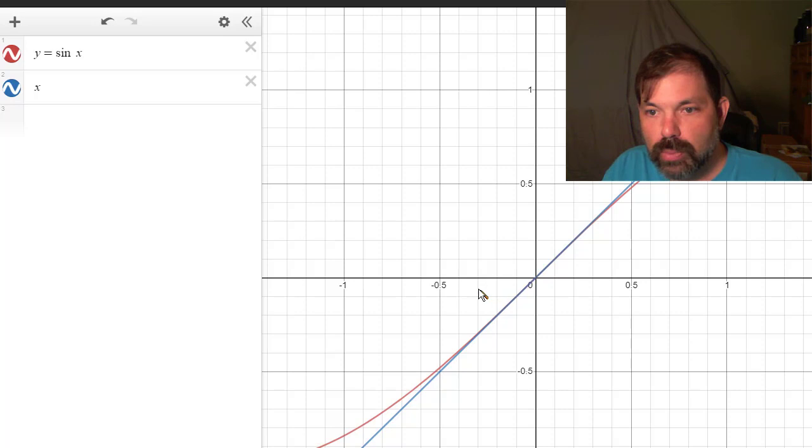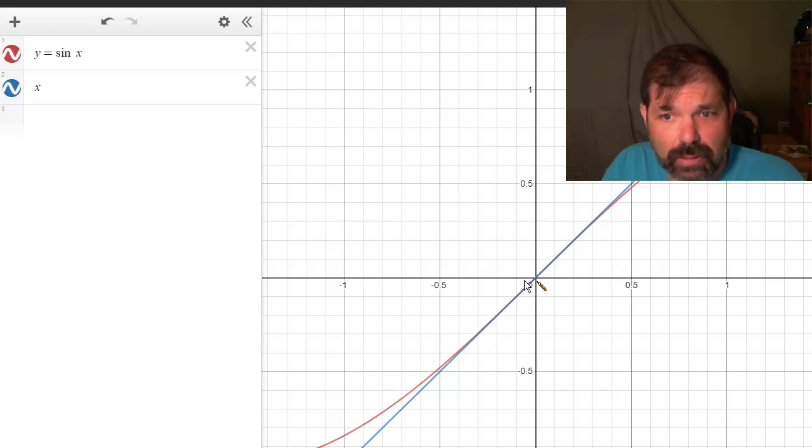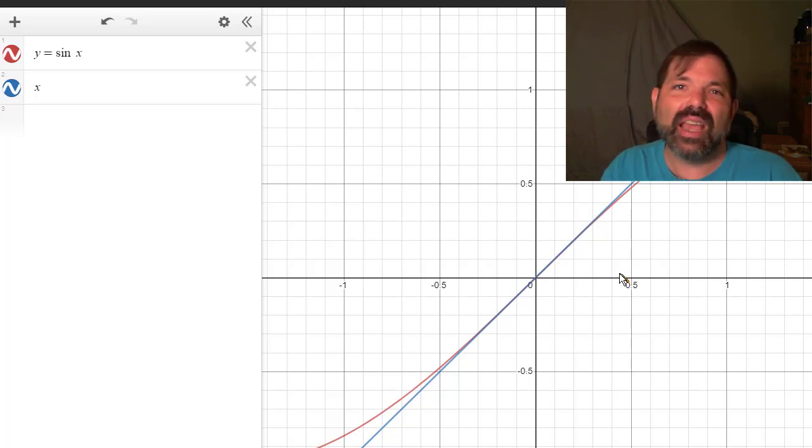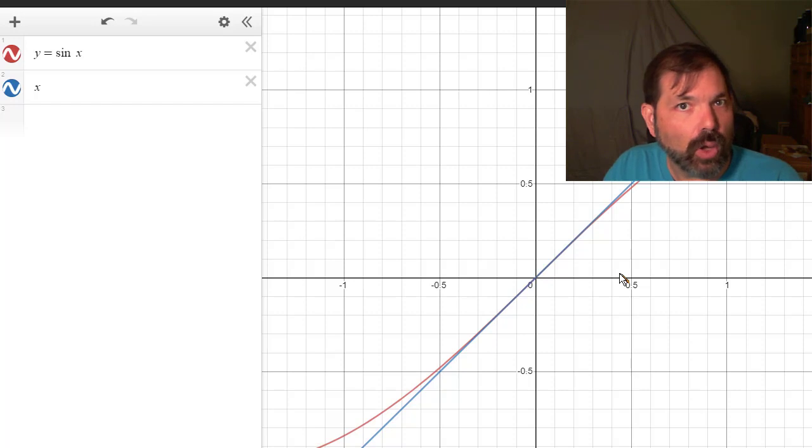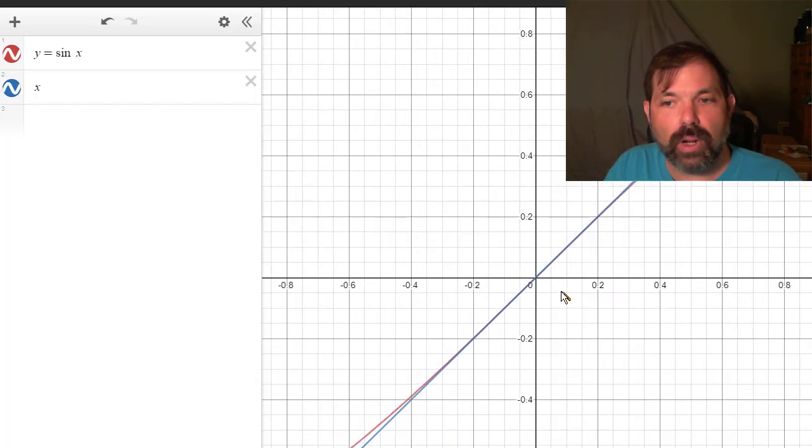It looks pretty good between negative 0.3 and 0.3. Outside of that, it's still a decent approximation until about 0.5 on either side, and after that they start moving apart. But if we have a small angle, sine x can be reasonably approximated with just x. And that becomes so important in physics.